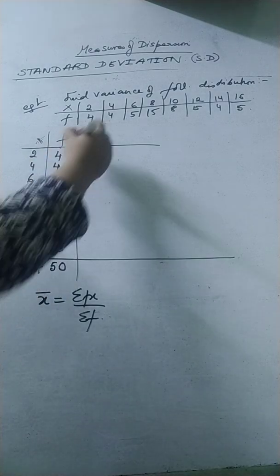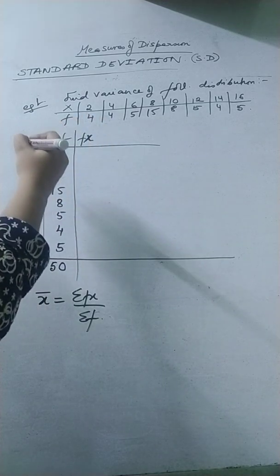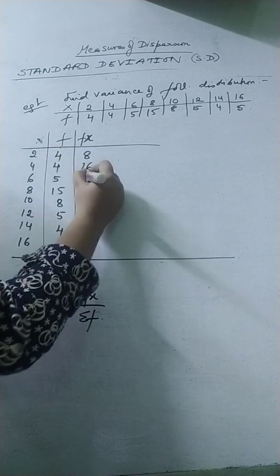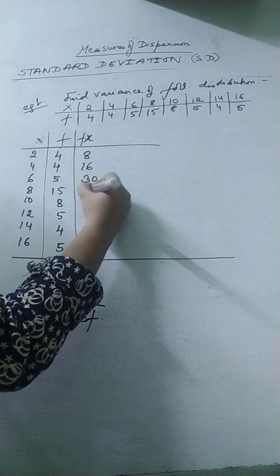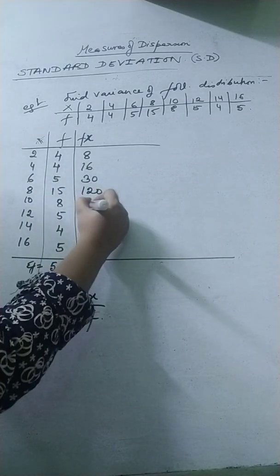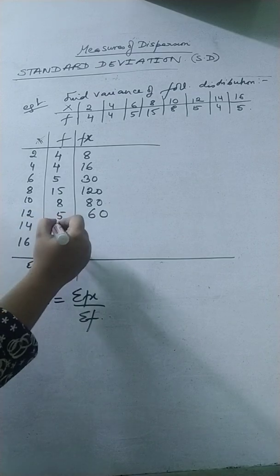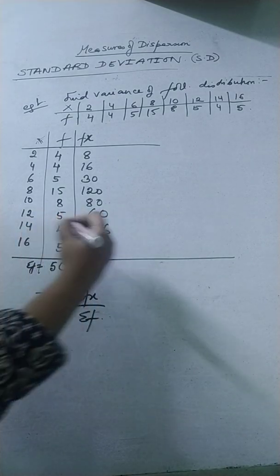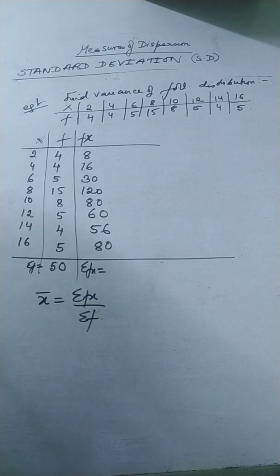And fx you have to do, so the next column is f into x. This is 2 into 4, 8, 4 into 4, 16, 6 5s are 30, 8 into 15 is 120, 10 into 8 is 80, 12 5s are 60, 14 4s are 56, 16 5s are 80. So summation fx is how much? Let us calculate.